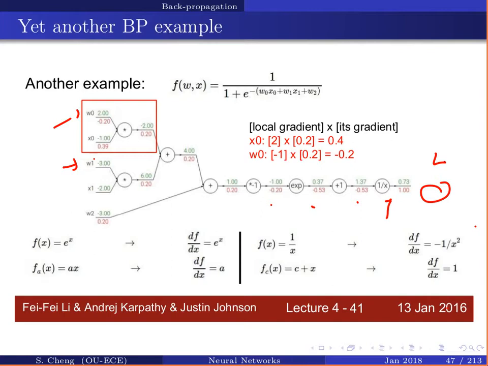So when we go forward one time, we compute the output and also the local partial derivative of the output of each node with respect to the input of each node.